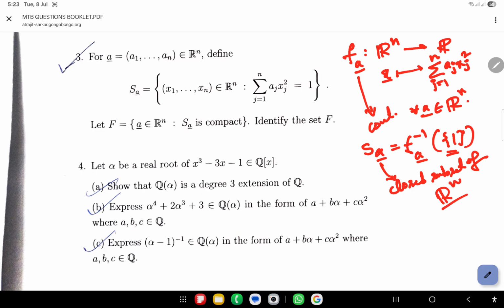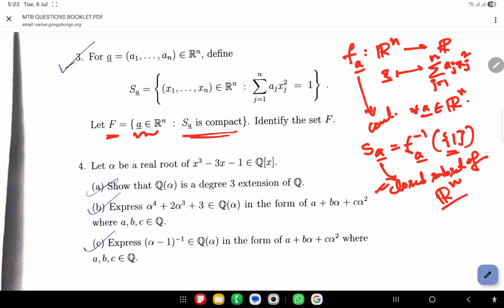Now we need to find the a for which SA is compact. We know the compact subsets of Rn are exactly the closed and bounded ones. So we are closed always, so we need bounded. Whenever SA is bounded, for which a bar?